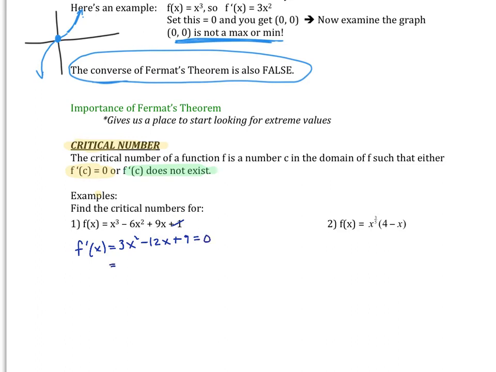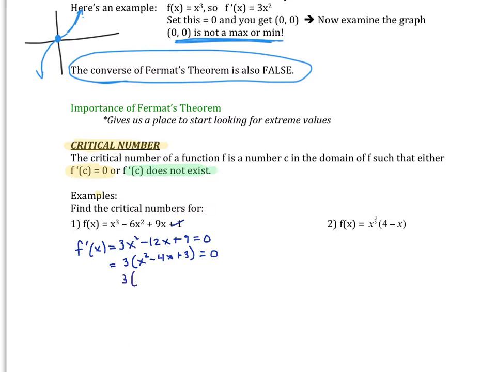And I can solve this by taking out a 3, and I'm left with x squared minus 4x, okay, plus 3 equals 0. And take this one step further.